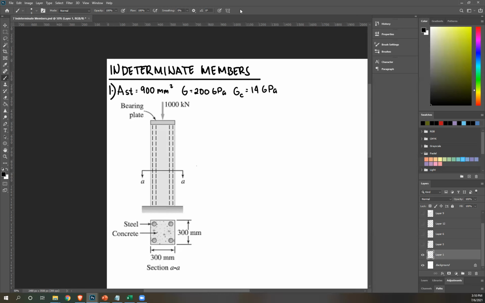Basically, again, we have this applied force being resisted by the concrete and your 4 steel bars. Let's try to draw a sketch of what's happening. Try doing 3D.